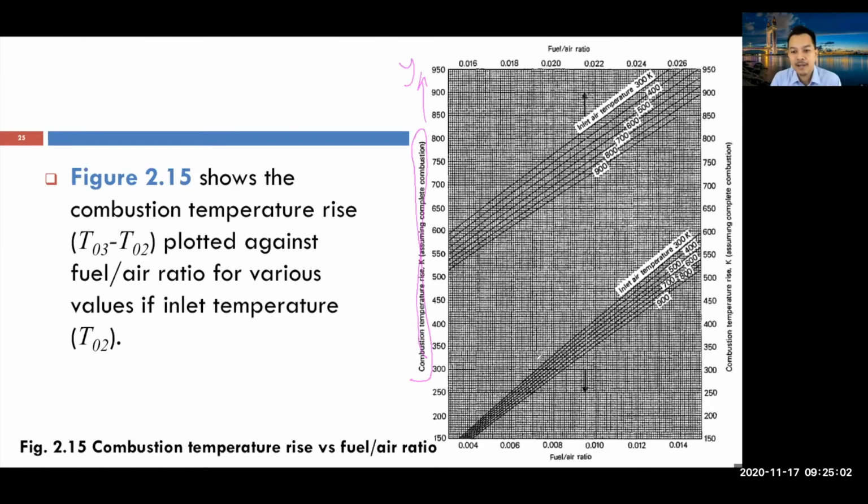And underneath here is the fuel air ratio, where you have the lower units at 0.04 up till 0.14, and we continue on top of here with 0.016 and so on.